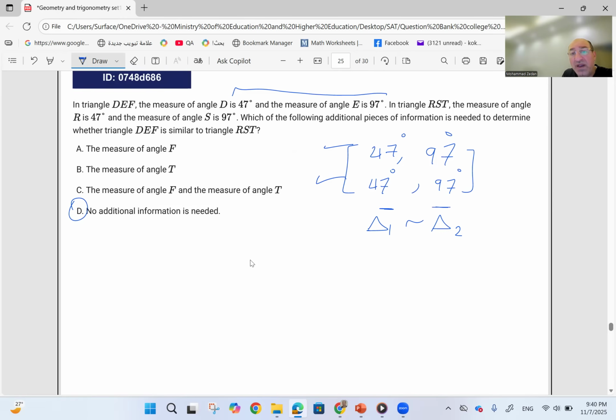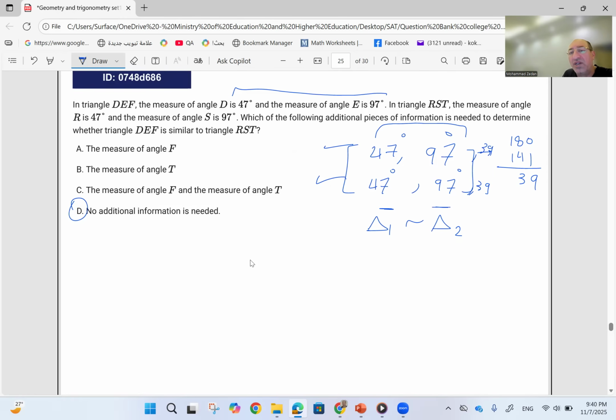If you determine exactly two angles, the third one is already known, which is 180 minus the sum of the given two angles. 47 plus 97 is 144, so the third angle is 36 degrees, here and here.